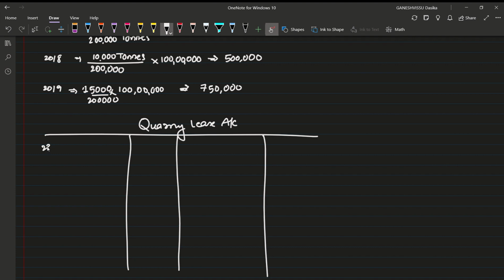For 2017, we write to bank account for 1 crore rupees. Of course, this is the debit side and this is the credit side.